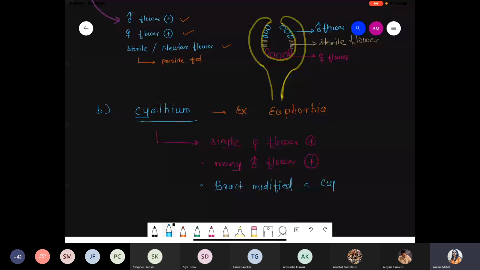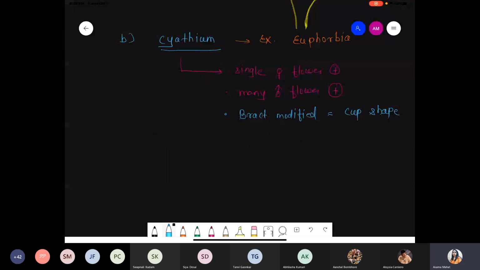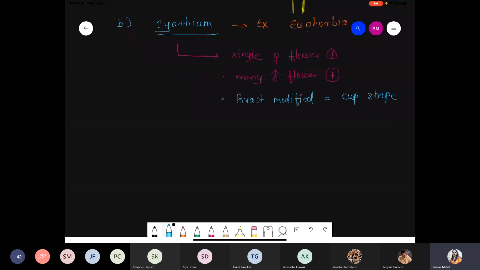Okay, so quickly we are talking about the diagrammatic representation of the Euphorbia inflorescence, where they are showing a special type of inflorescence condition, that is Scythium. In the case of Scythium, a single female flower is there, many male flowers are present, and the bract shows a cup shape. Cup shape means what? They cover the entire male flower. We discuss quickly. We are drawing the diagram.